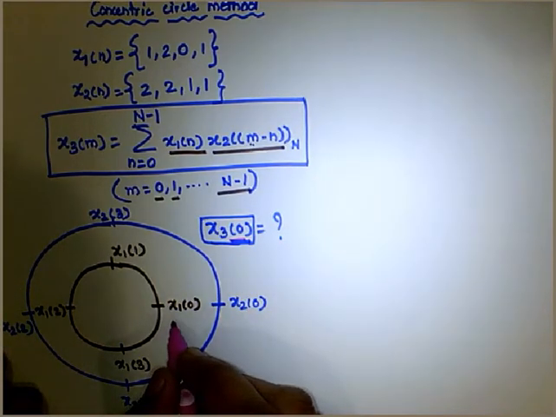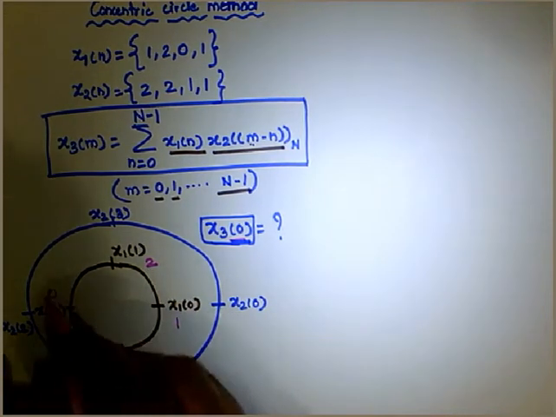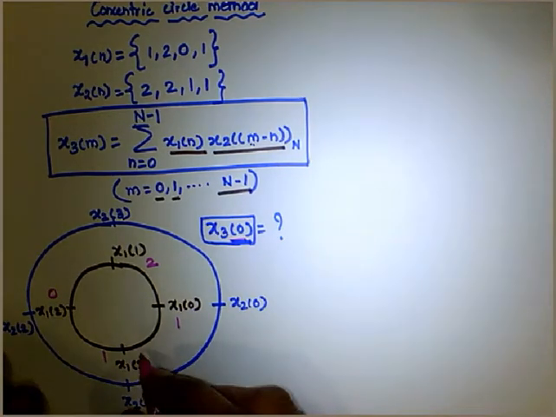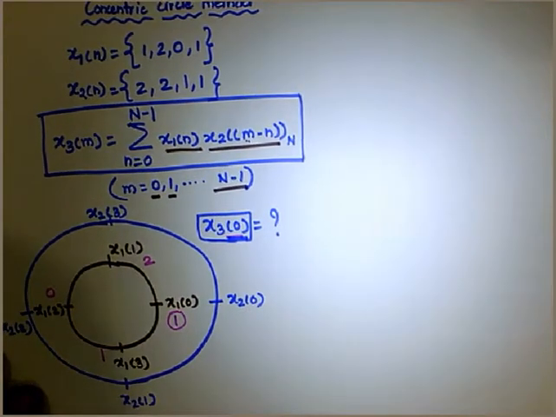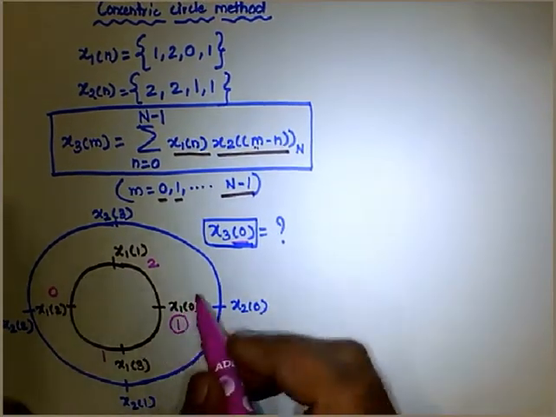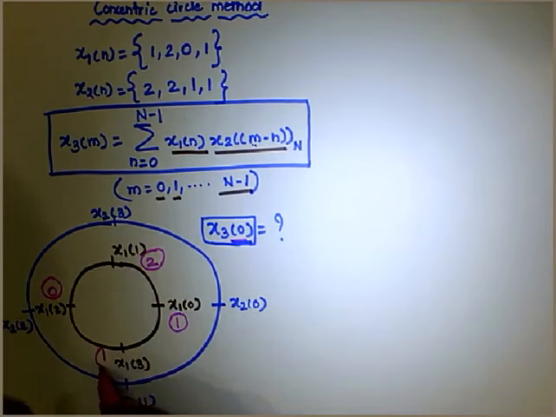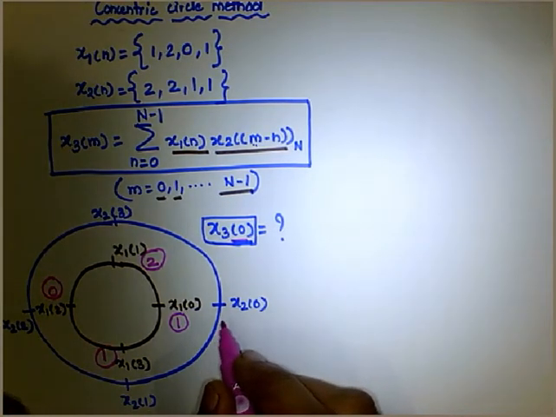So let's write down the values. For x1 of 0, the value is 1, then this is 2, then this is 0, and this is 1. So these are the values for x1 of 0, x1 of 1, x1 of 2 and x1 of 3. In the same way we need to write down the values for x2 of n.